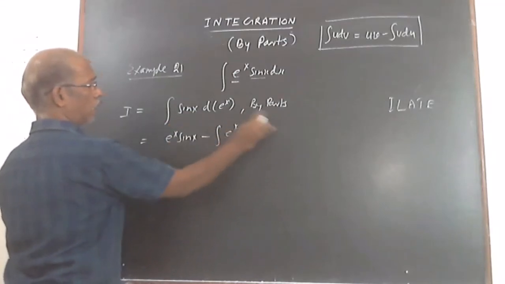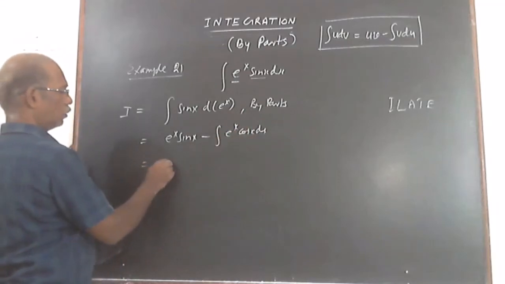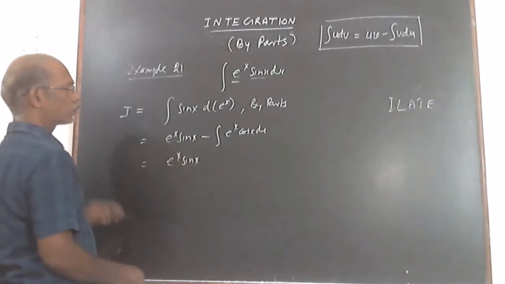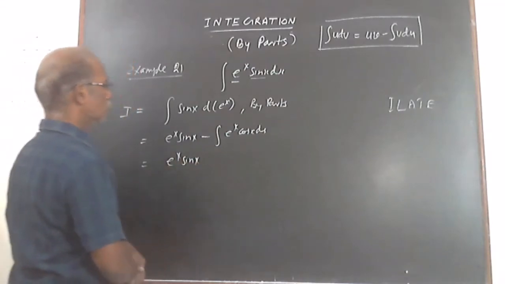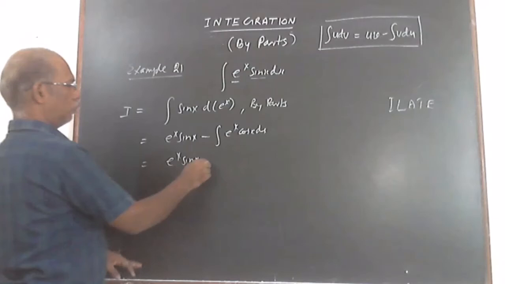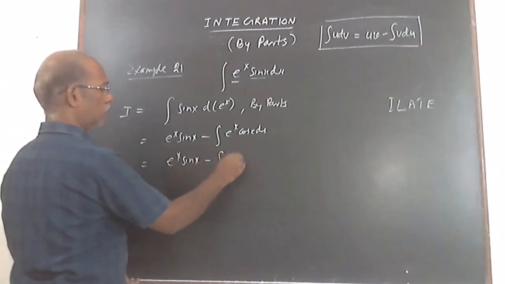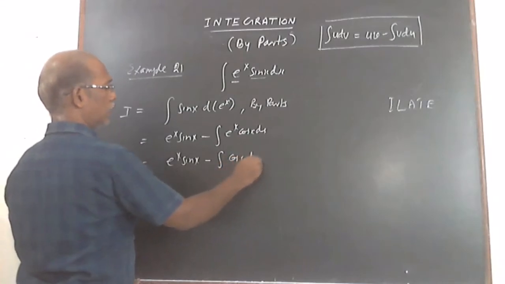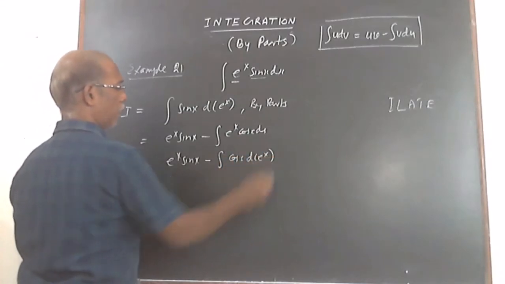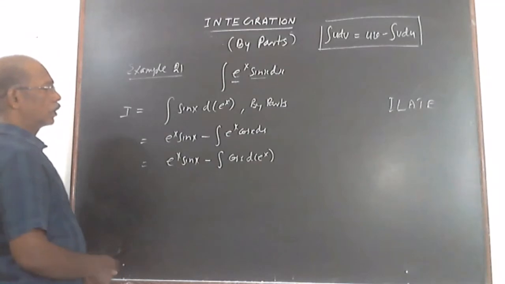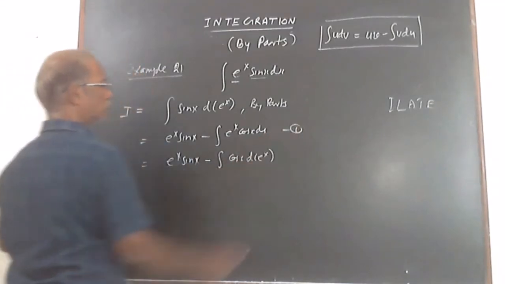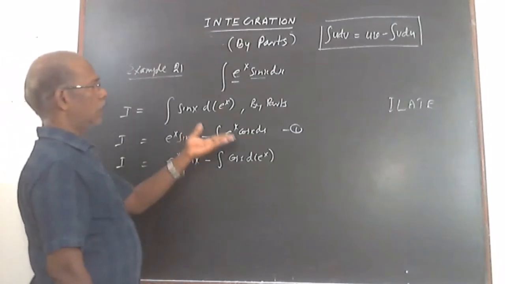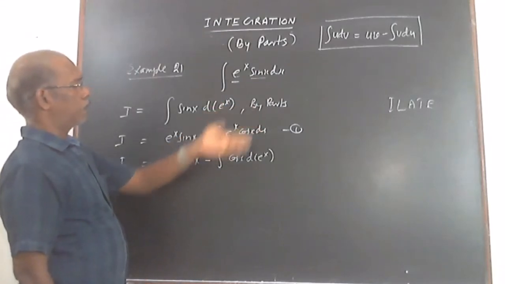Then e power x sin x minus integral of cos x and d of e power x. This is the second time. Let the result be I, so left side I. This is the end of the first integration by parts.